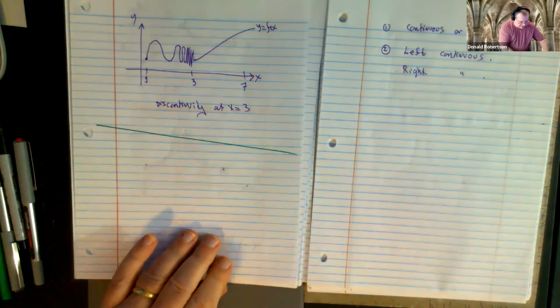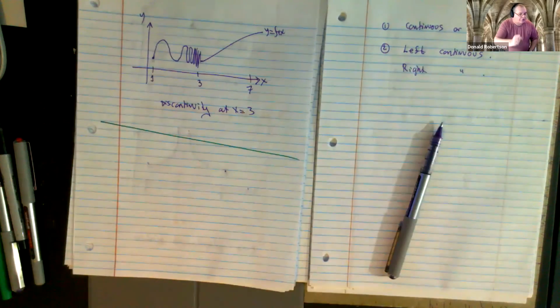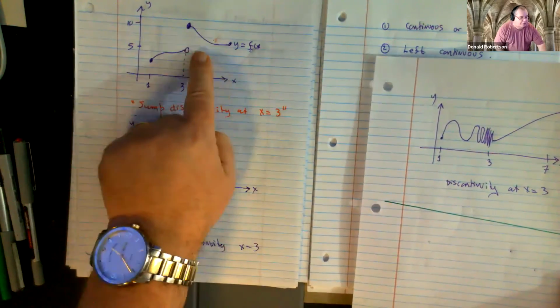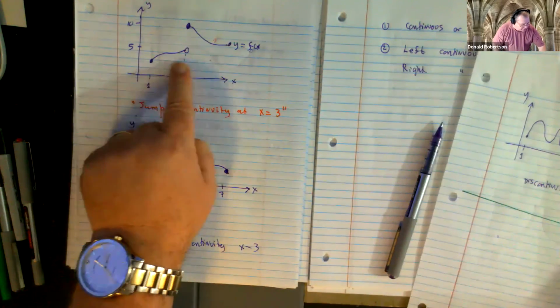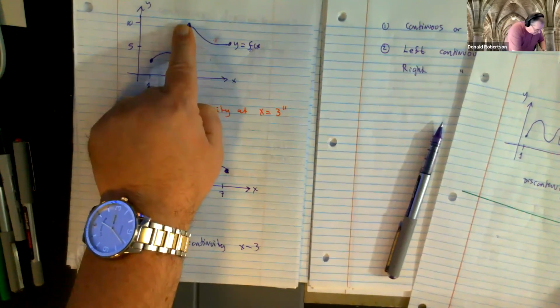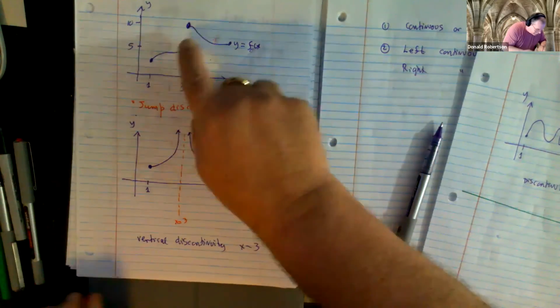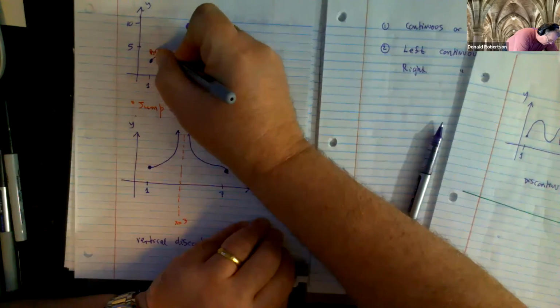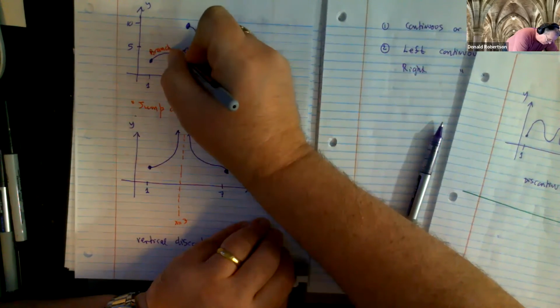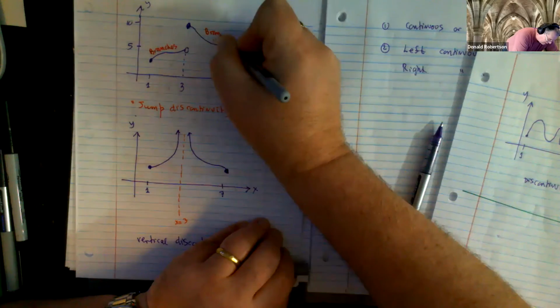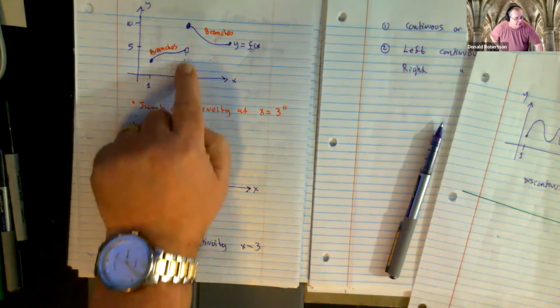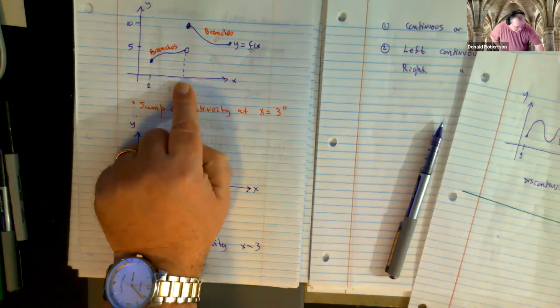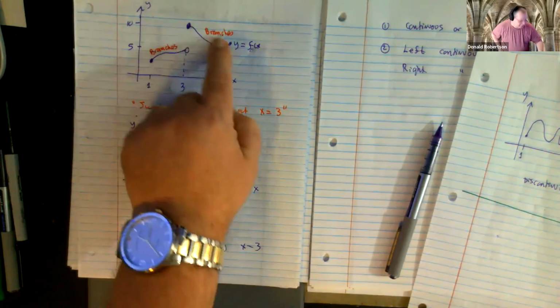And do you know those little dots that you had in the end of pieces of these curves, right? See, like there's a little circle here, but there's a dot here. These pieces are very often called branches of a function. And the discontinuity at x equals 3, right? This would be called the right branch and this would be called the left branch.